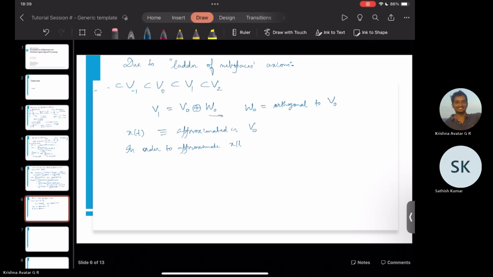in order to approximate x of t in V1, we would also require another space to account for the error of approximation.